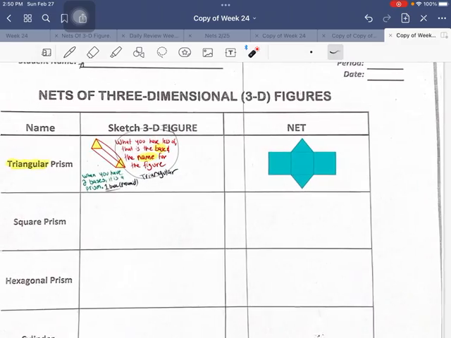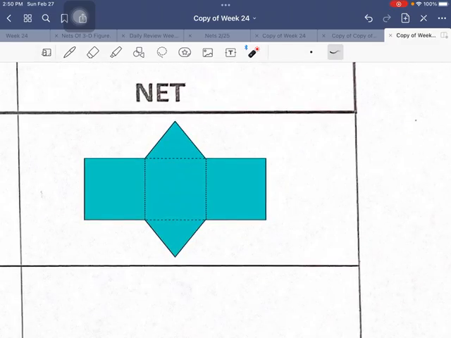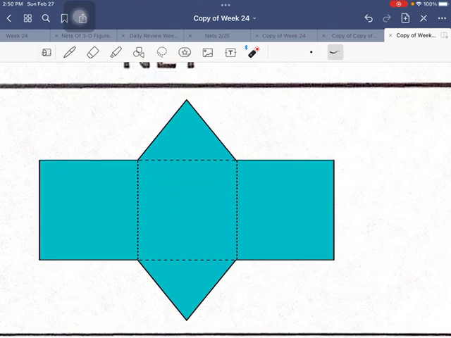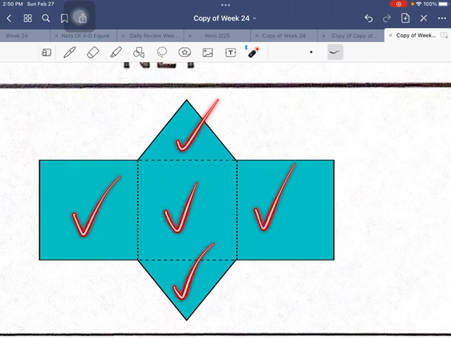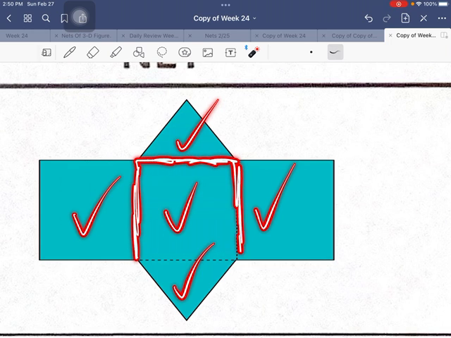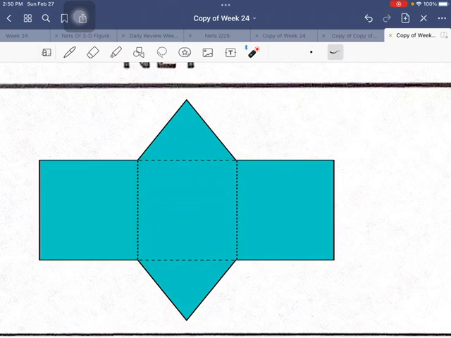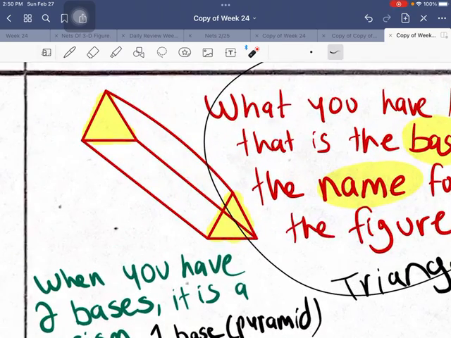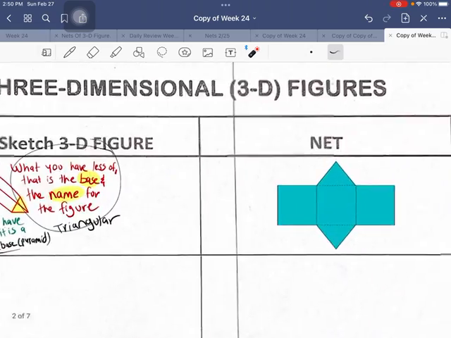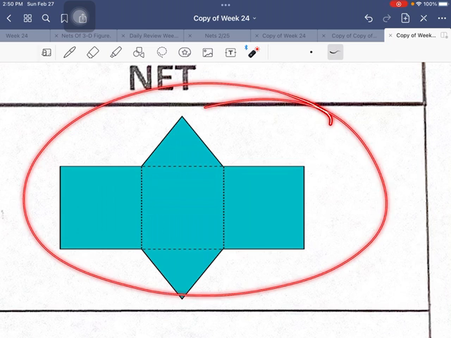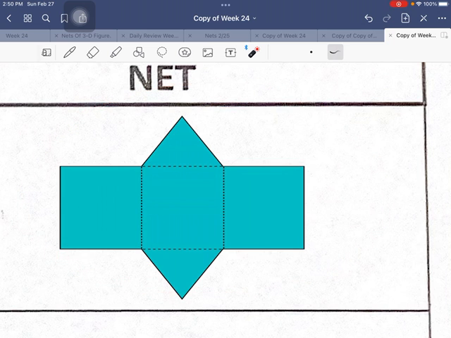The net for the triangular prism is this right here. It is composed of 3 rectangles and 2 triangles, así, pegados, connected with one another. When you open it, and when you close it, it's going to look like this. If you opened it, se vería así. This is the net for it.